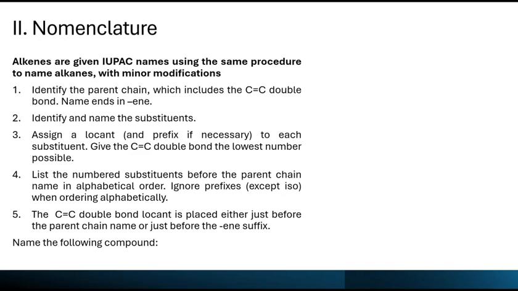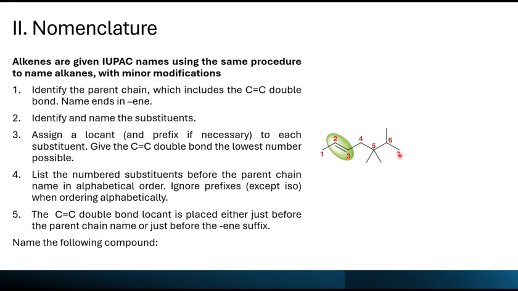Let's go ahead and name the following compound. With this compound here, we have a C=C, and in terms of numbering, we're going to number the parent chain so that the carbons of the double bond get the lowest number possible. They take priority. So we're going to number from left to right, 1, 2, 3, 4, 5, 6, 7. Because there are 7 carbons, we're going to use the prefix hept and the ending -ene.